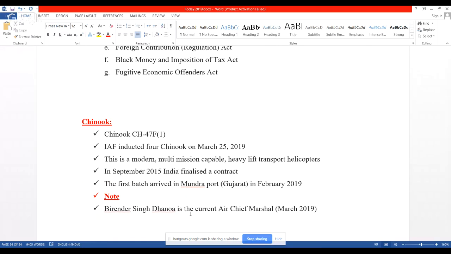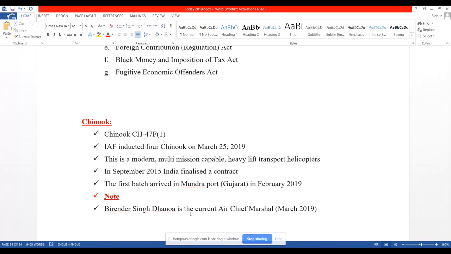These are modern, multi-mission capable, heavy lift transporter helicopters. For example, if our military people are injured, you can take them along with the stretchers. 25 stretchers can be placed here, heavy lift, and these will be absolutely useful.